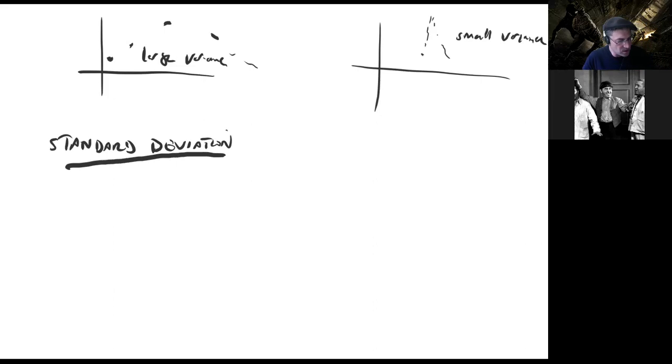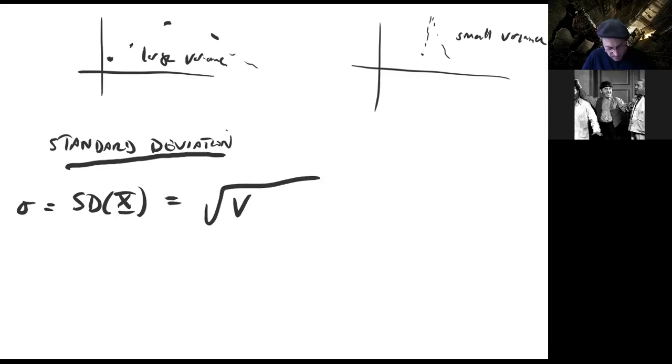When we sum up all these squares, we get a number that we want to renormalize back, so we should take the square root. The standard deviation does that. So the standard deviation of a random variable x, sometimes called sigma, is given by the square root of the variance of x.